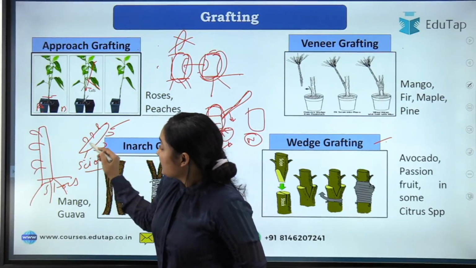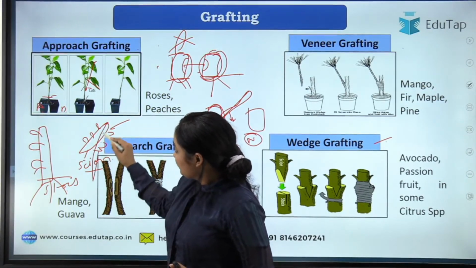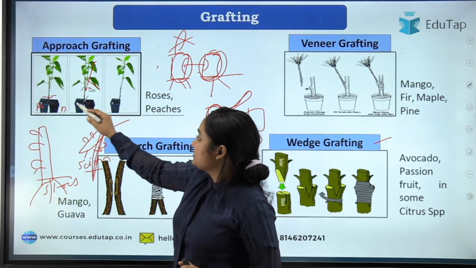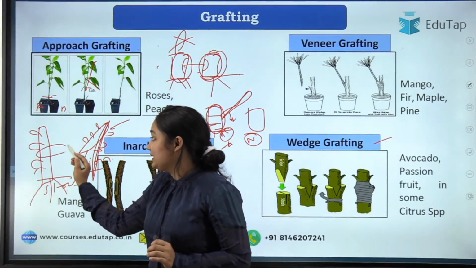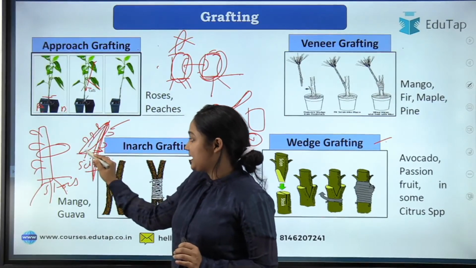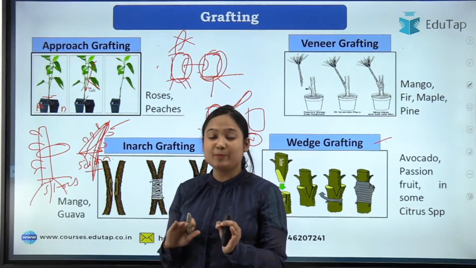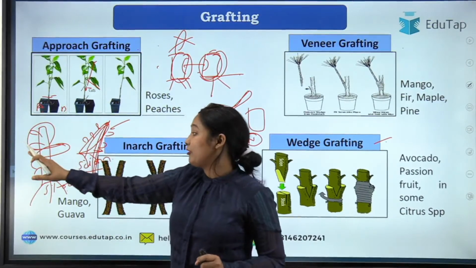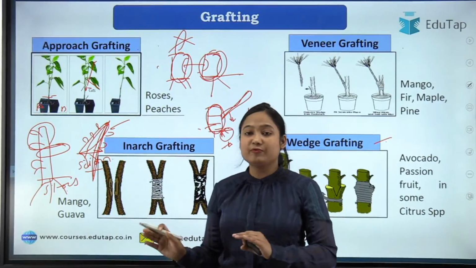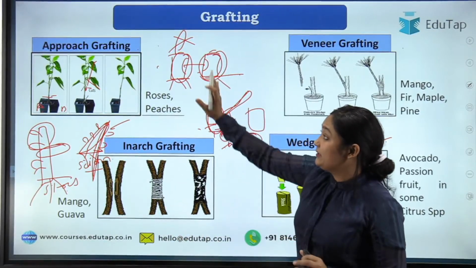So this scion part is for now attached to its parent plant. See, it is still attached to the parent plant. We keep it close and then we will cut the scion part. We cut from the bottom. It means the root part is removed. The stalk part we cut from the top. It means branches are removed from the stalk and roots are removed from the scion part. So that will be your approach grafting.